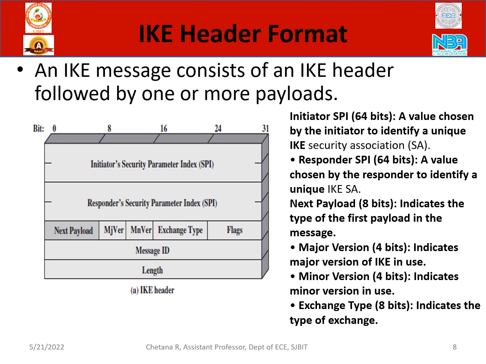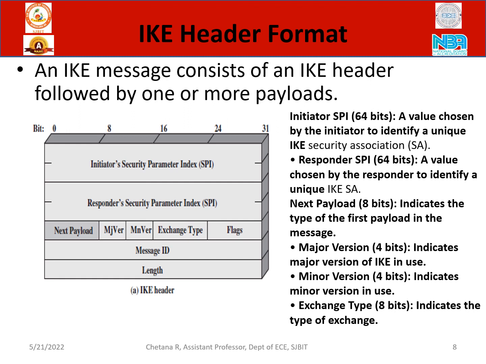Followed from this, we have in the bottom layer the responder SPI, a value chosen by the responder to identify a unique IKE security association. So both of them have to share the numbers, the initiator as well as the responder. What is that number? The SPI number. The SPI number is in association with the IKE security association.